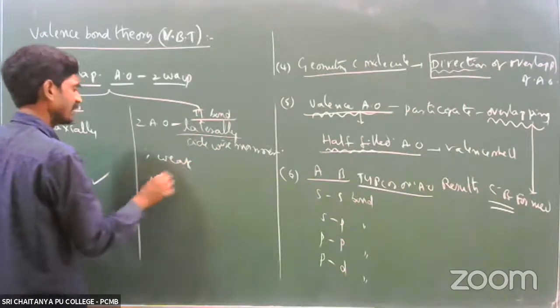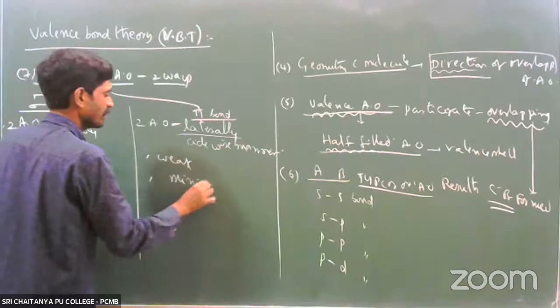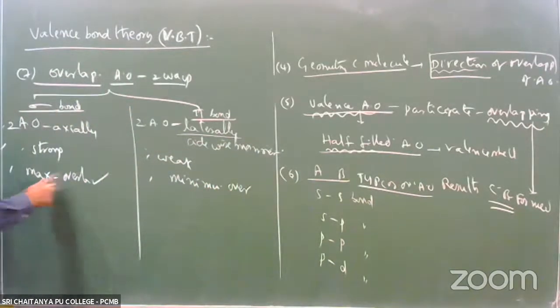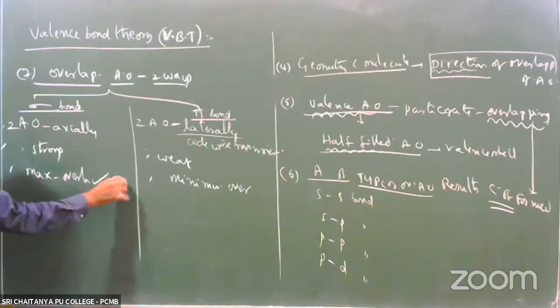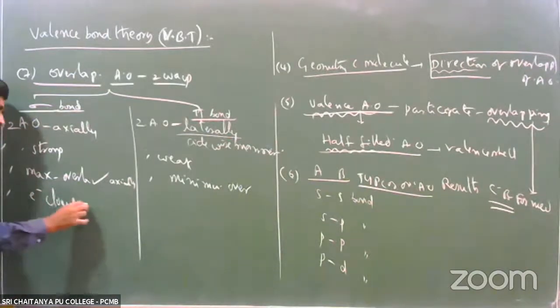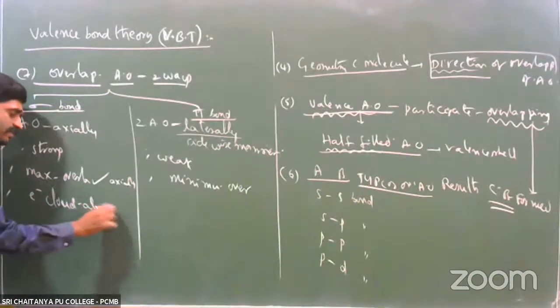Because here only minimum overlapping is possible in a sideways manner. So maximum overlapping is possible along the internuclear axis, axially. Right. Next, in the sigma bond, the electron cloud is concentrated along the internuclear axis.